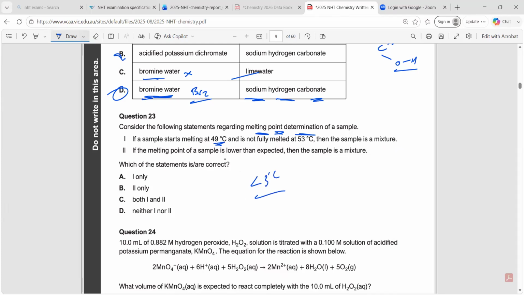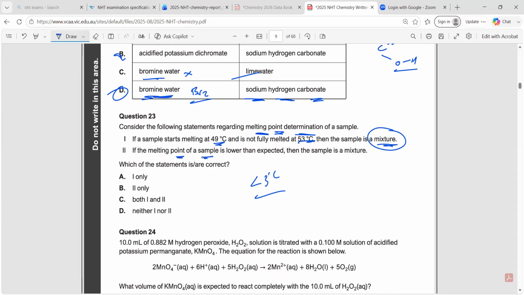So if it starts melting at 49 but is not fully melted by 53, it's likely a mixture, because of course you add things to compounds to decrease the melting point of the entire mixture. That's very readily done in industrial electrolysis, where we add compounds to help the overall efficiency of the electrolytic cell.